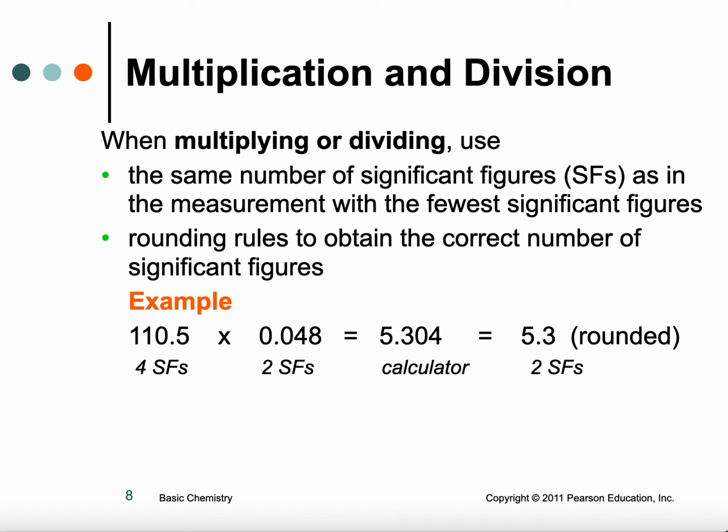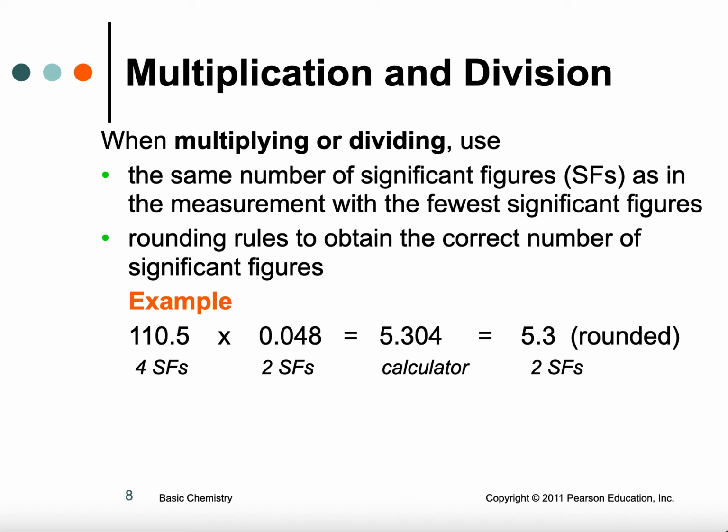All right, so let's look at an example. 110.5, that's 4 significant digits, multiplied by 0.048, that's 2 significant digits because the first 2 zeros are insignificant. That means whatever your calculator says, you ignore it and round that calculator answer to 2 significant digits, because I'm rounding to the smaller number of what I measured.